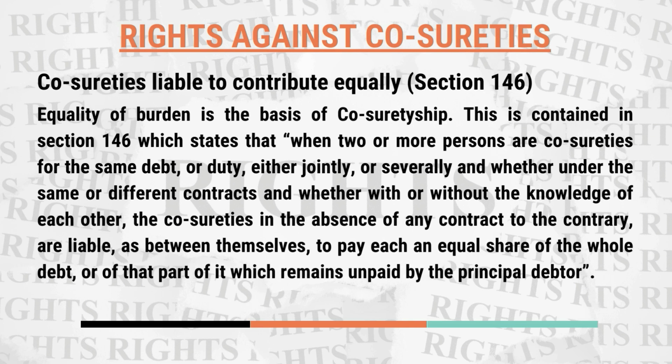This is clearly written in section 146: where 2 or more persons are co-sureties for the same debt or duty, either jointly or severally, whether under the same or different contracts, or whether with or without the knowledge of each other, the co-sureties, in the absence of any contract to the contrary, are liable as between themselves to pay each an equal share of the whole debt or that part of it which remains unpaid by the principal debtor.